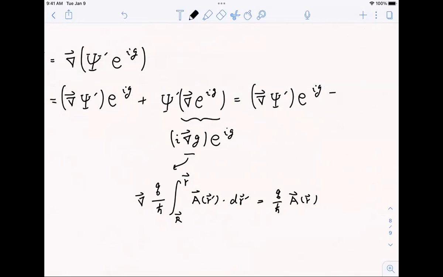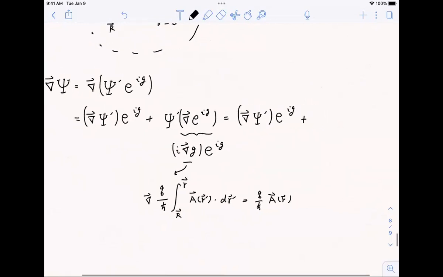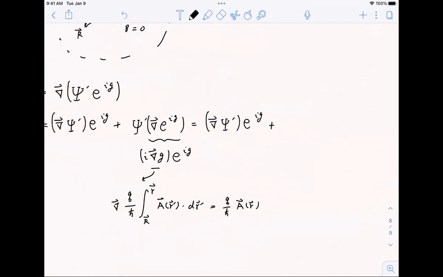So eventually you're going to get this thing plus iq over h bar, and then A, and then this phi prime, and then e to the iG. What is this? This is just equal to the original function.